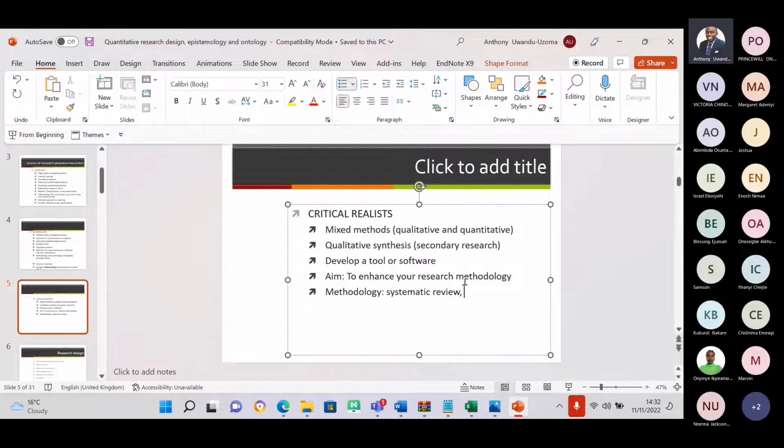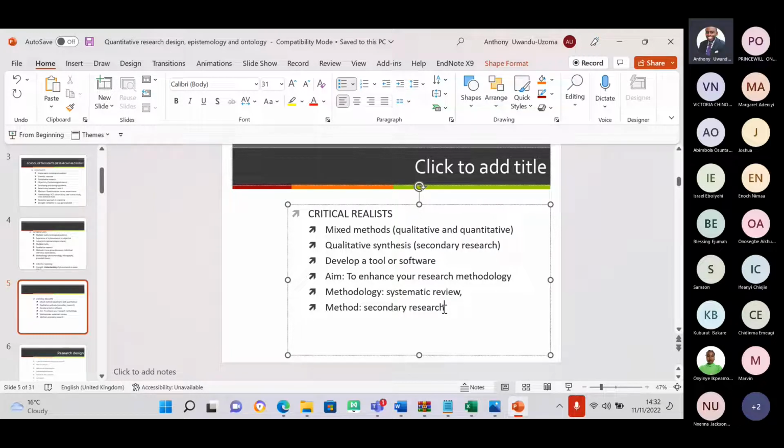So what are the methods of data collection? The method of data collection here is secondary research. You are collecting data from previous studies, what has been done before.